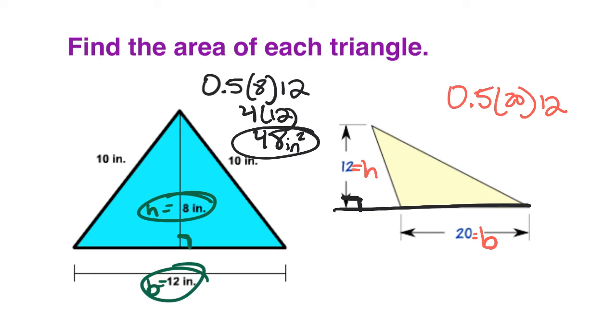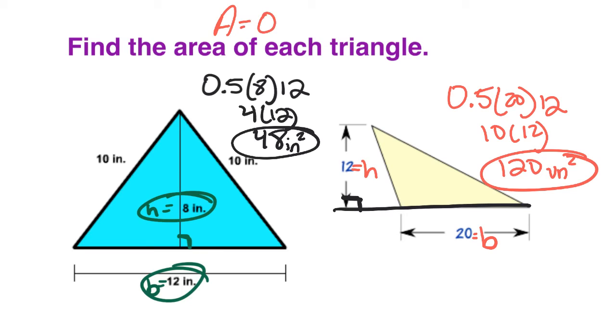Now, what is half of 20? 10. And what's 10 times 12? 120. There's no label here, so I'm going to use the generic label of units squared. And that, boys and girls, is how you use the formula area equals 1/2 base multiplied by height.